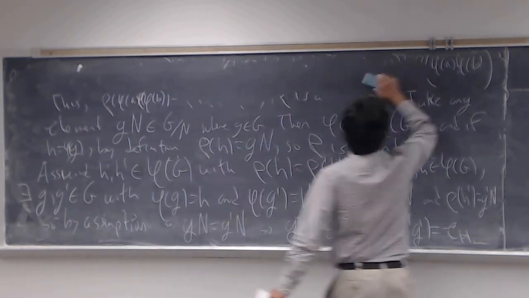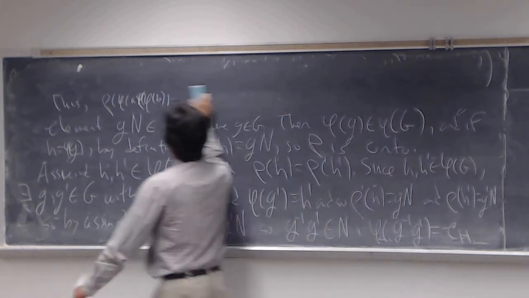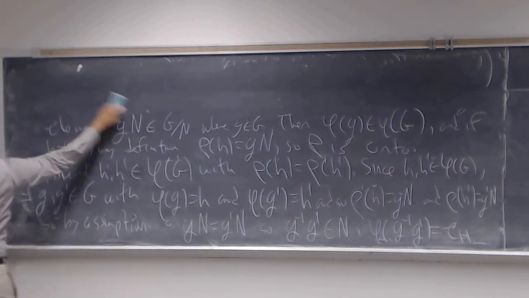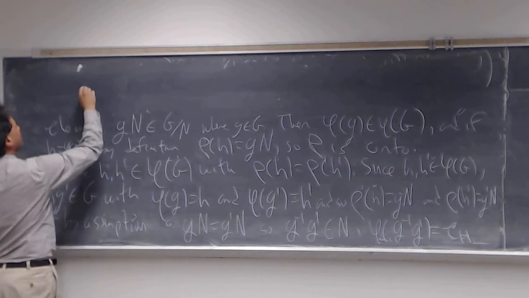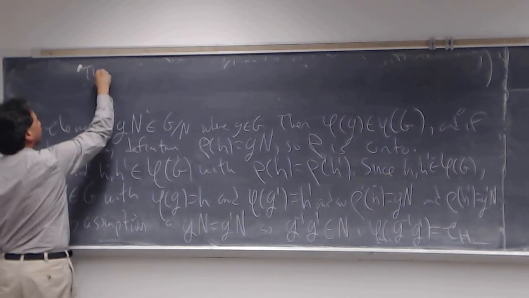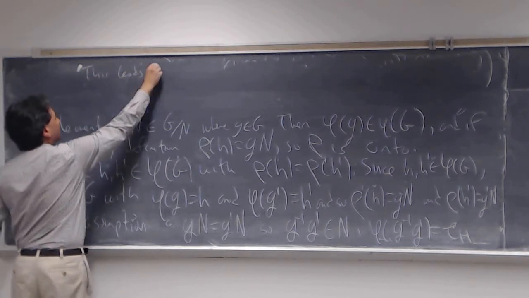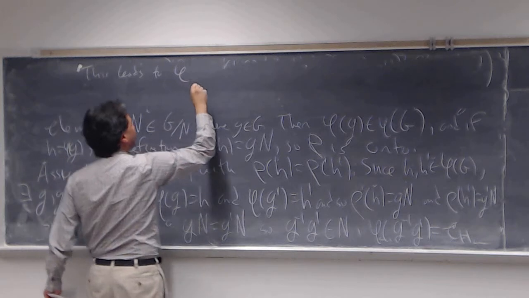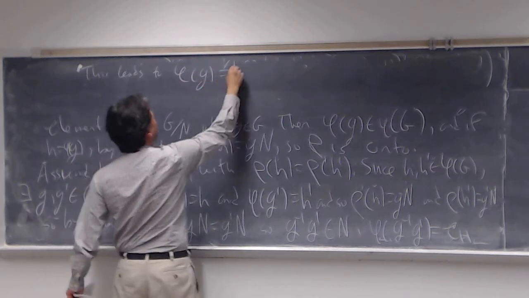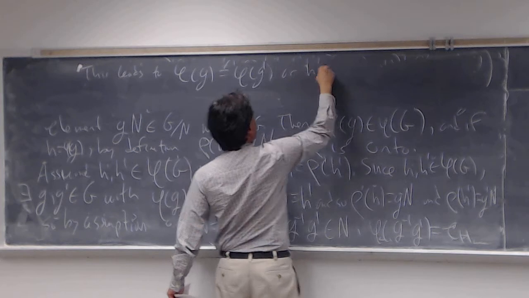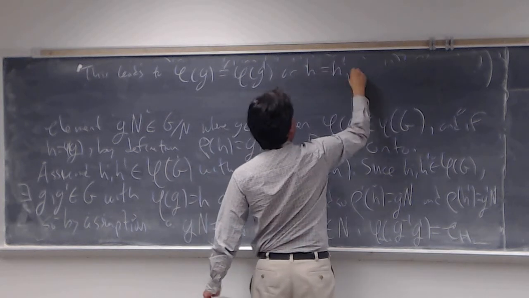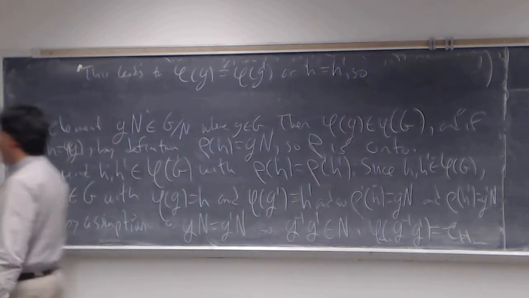Because remember, n is in the kernel. And so, as before, that's going to lead to phi of G equals phi of G prime, or H equals H prime, and so rho is 1-to-1.